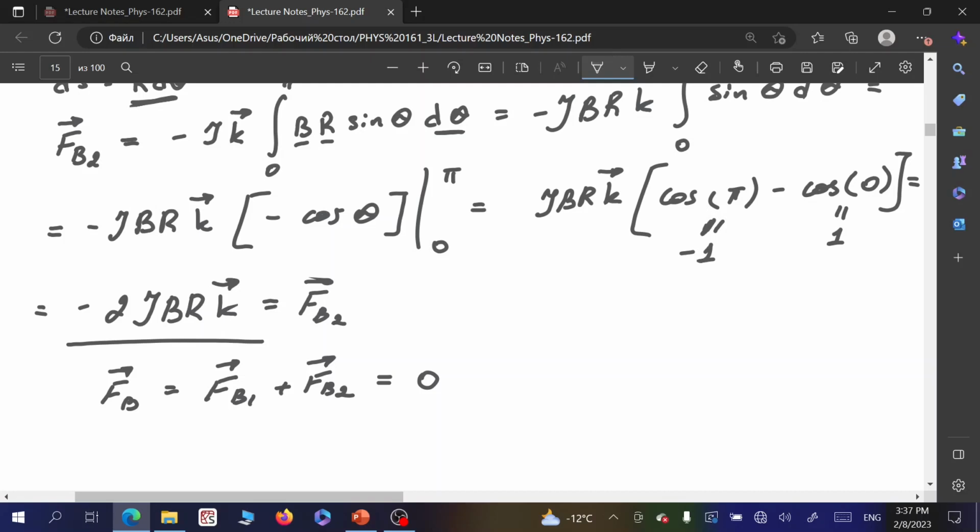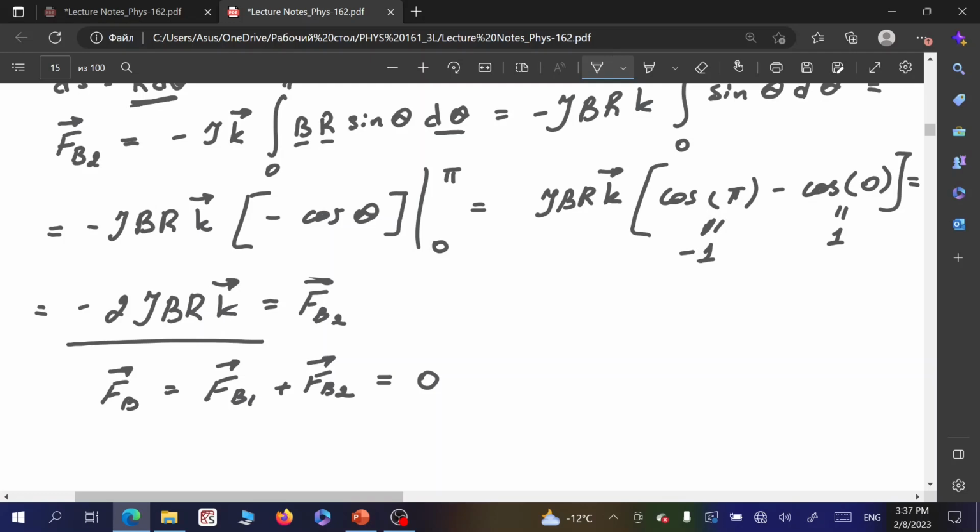So that is the fundamental feature of interaction of external magnetic field with a closed loop current. However, regardless of the fact that the net force is equal to 0, we should consider another feature, which is the torque created by this magnetic force. And in case of a closed loop, this torque will not be 0.